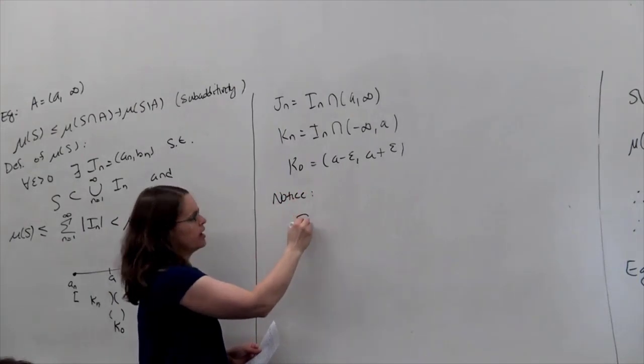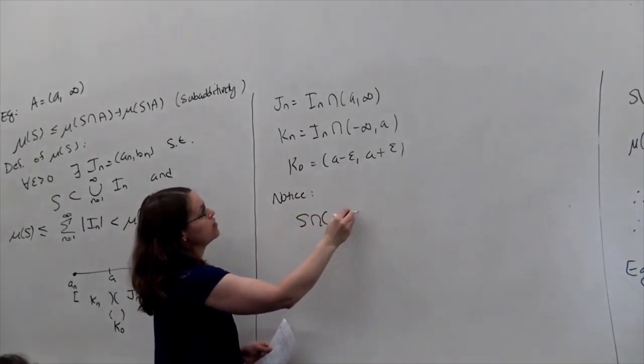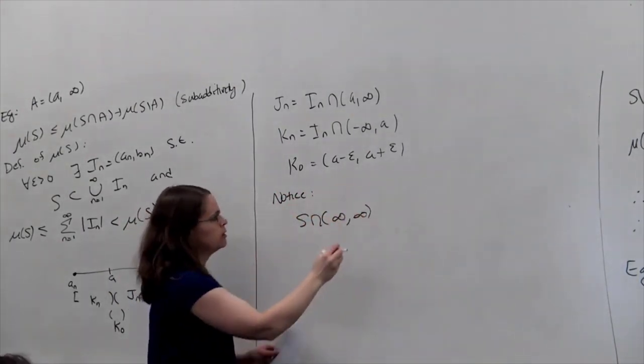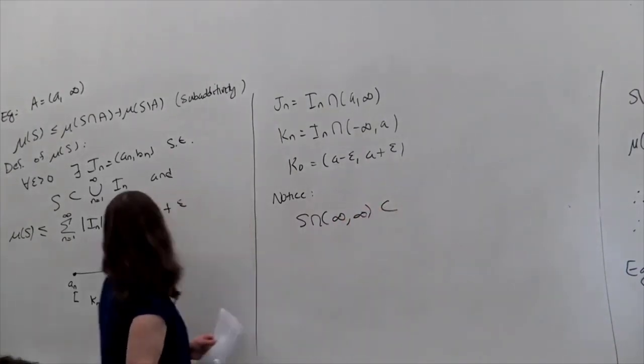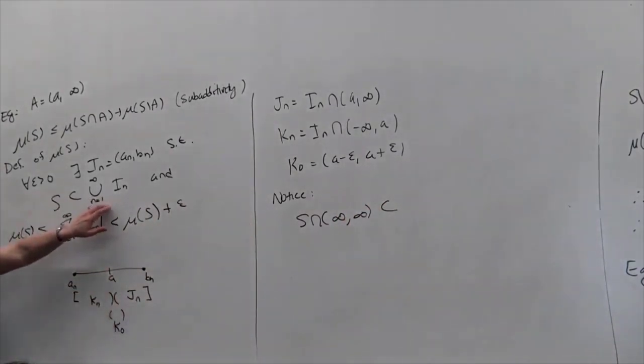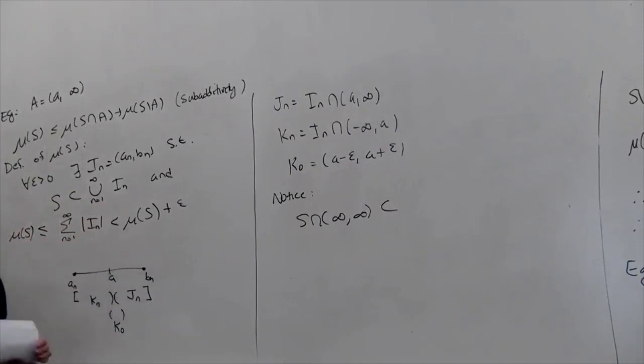So what do we see? S intersection with A to infinity is contained in, well, S is contained in the union of all of these guys.